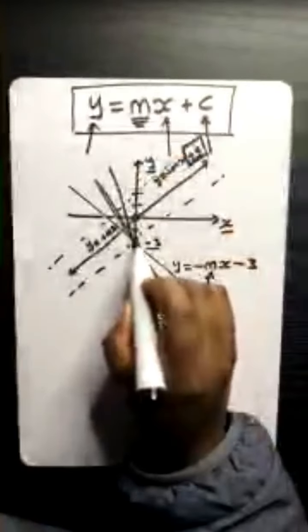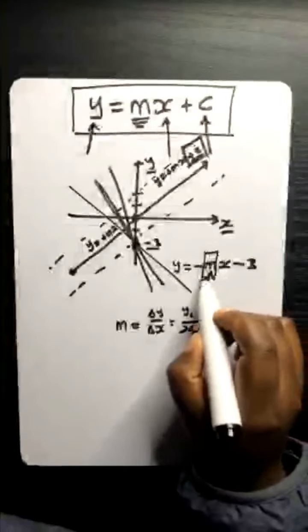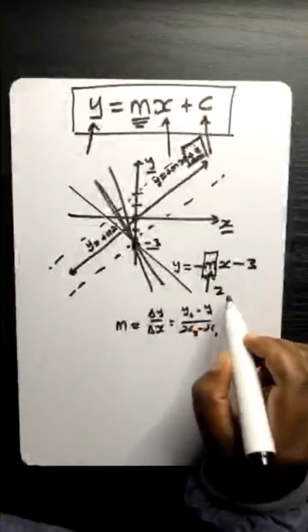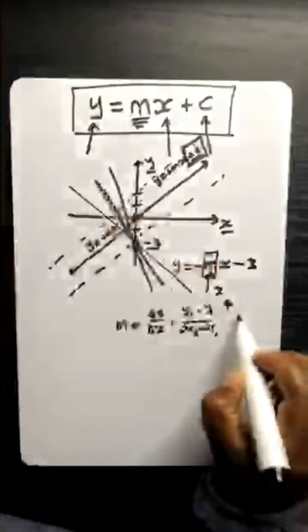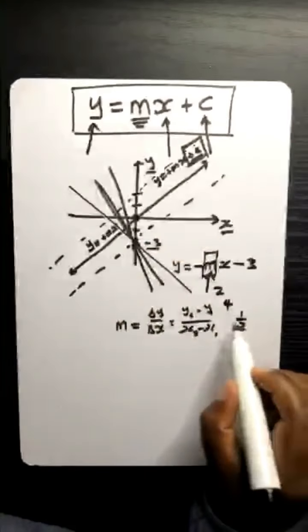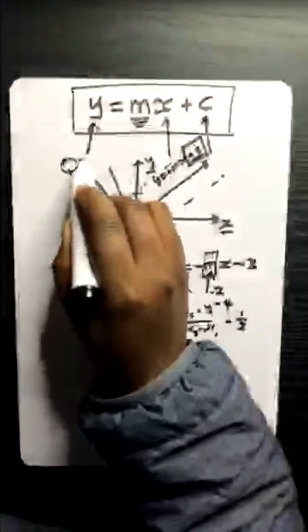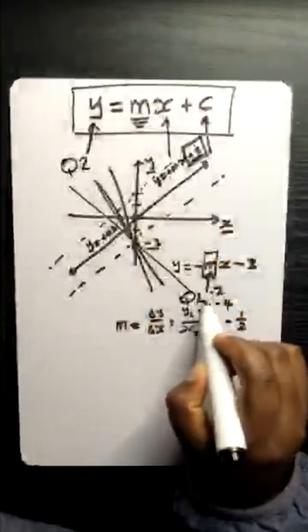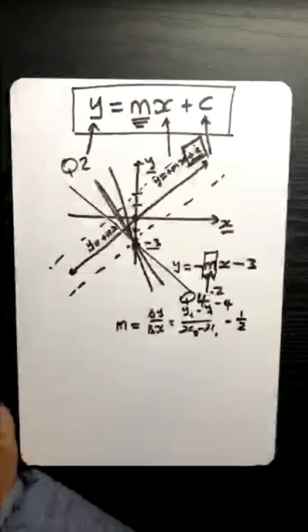As long as the lines pass through the same point, what changes is the gradient. Maybe it could be 2 for that line, 4 for this one, 1 over 2 for the other line. But remember, it is a negative gradient because it is a line that passes through quadrant 2 and also quadrant 4. Very, very important, ladies and gentlemen.